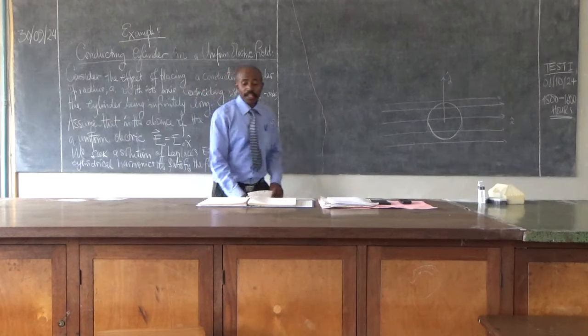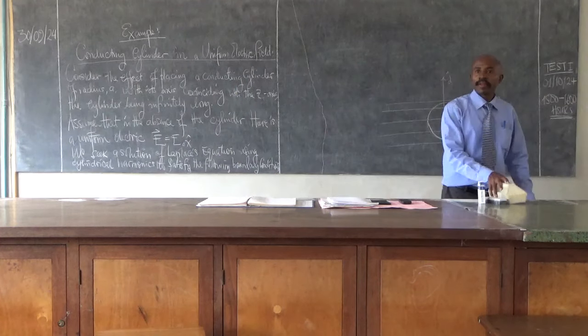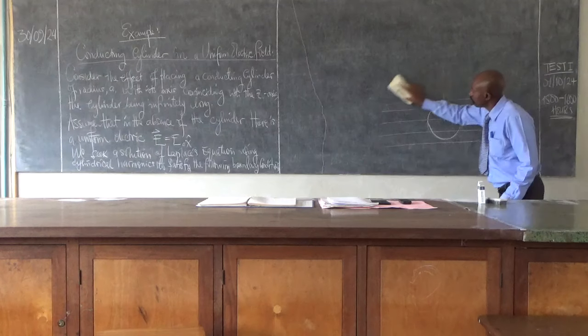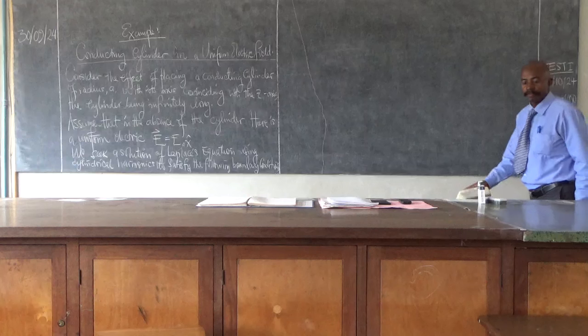The harmonics are the c_k, d_k, cos k phi plus sin k phi. That's the harmonics I'm talking about.